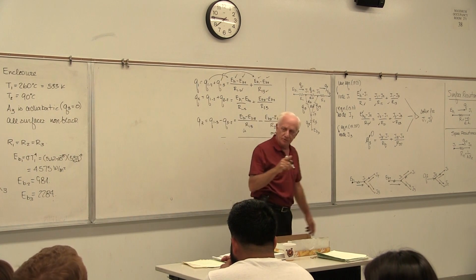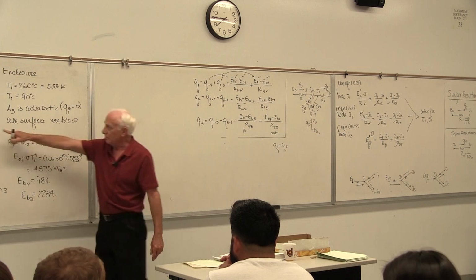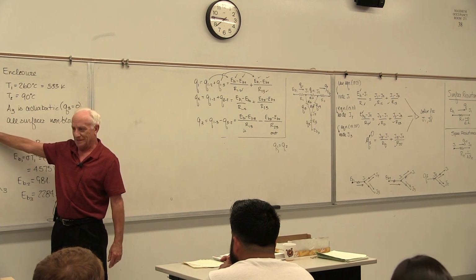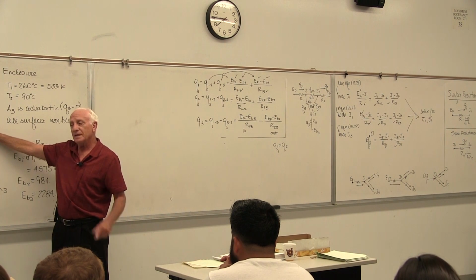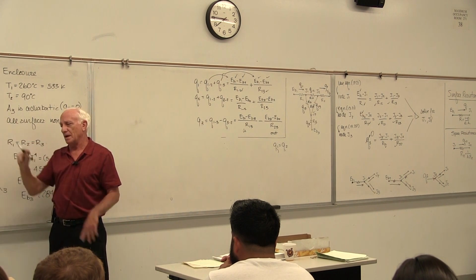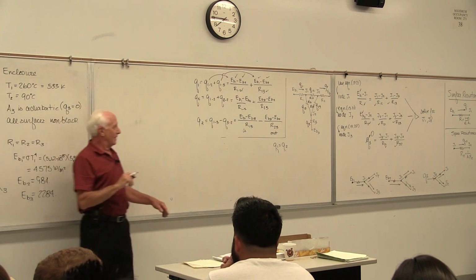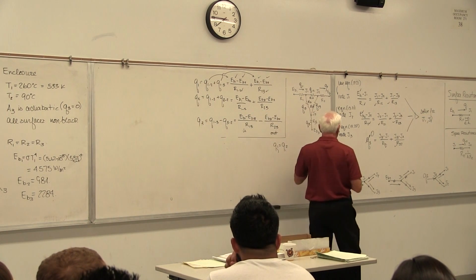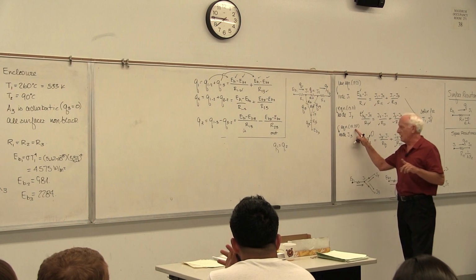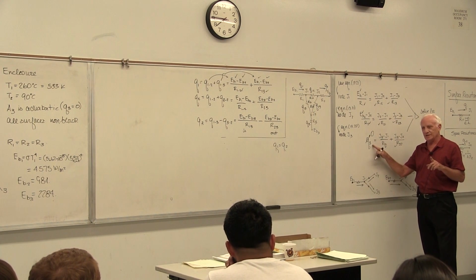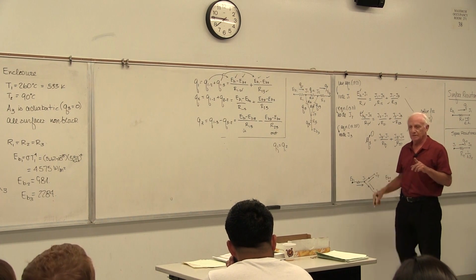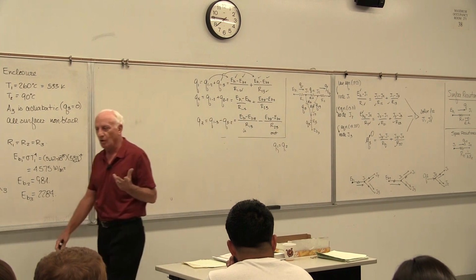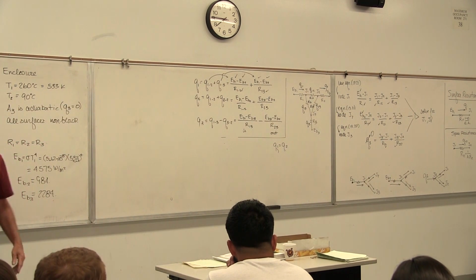If they're heating this with electrical wires that put out 1,000 watts, and it's insulated on the top, then that 1,000 watts has to go in the box, in the enclosure. That's my Q1. Q1 is 1,000. So I use equation 13.22, where I see Q1, I put 1,000. That's a known heat rate.